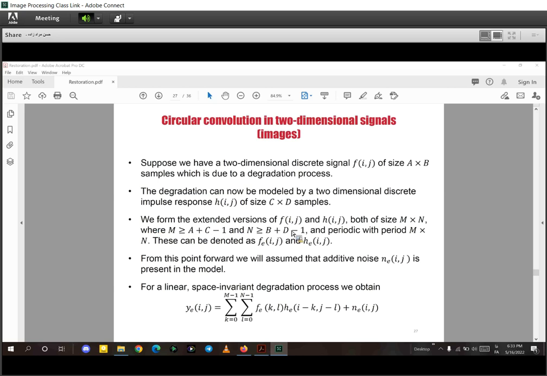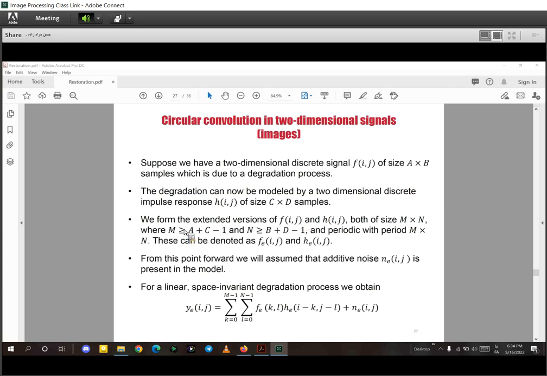We form the extended versions of f and h in dimensions i and j, both of size M by L. M is larger than A plus C minus 2, and M larger than B plus D minus 2.